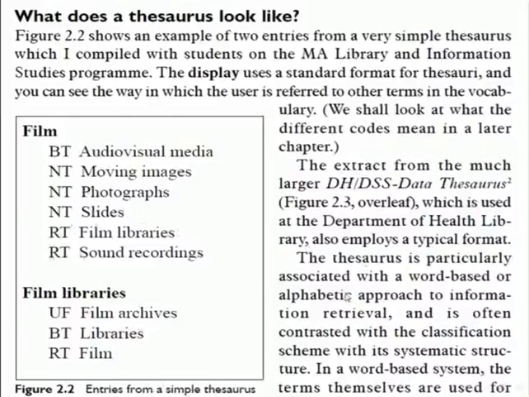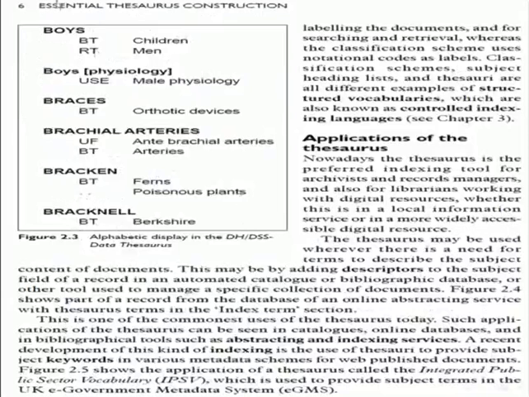Right, next page. As we see here, essential thesaurus construction. Here, what does a thesaurus look like? Here we have this entry or term boys, we have children, men, boys physiology, use male physiology. Braces, orthotic devices.